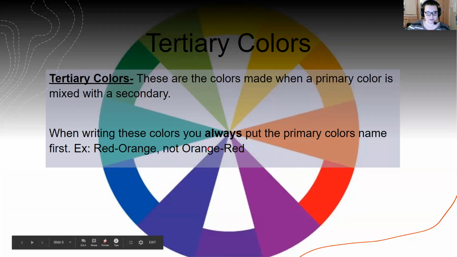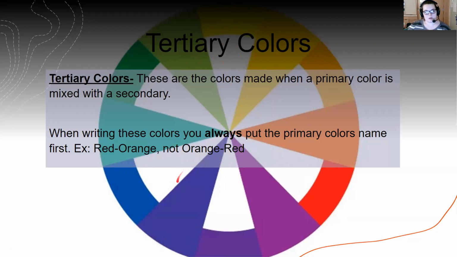So with the tertiary colors, you will always put the primary color's name before them unless you're using their proper name, which for right now you all do not have to worry about. So this color right here would be blue-green. And this one right here is yellow-green.